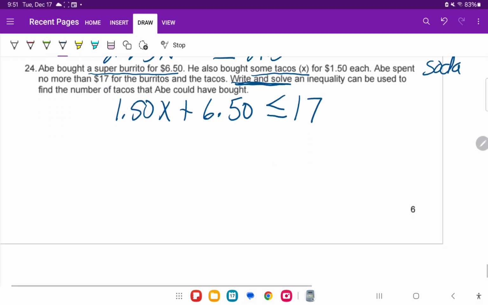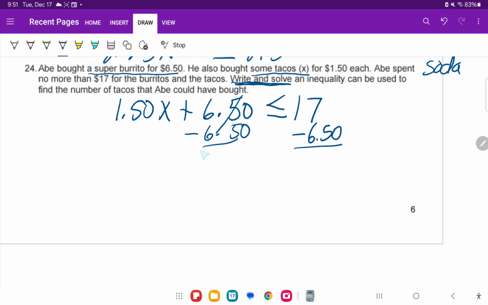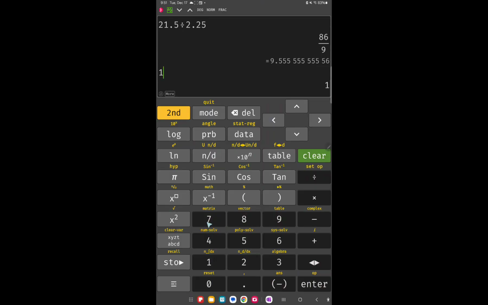So then we are going to subtract $6.50. So this is going to bring down the $1.50x, bring down your less than or equal to, and then 17 minus the 6.50. That is 10.5.